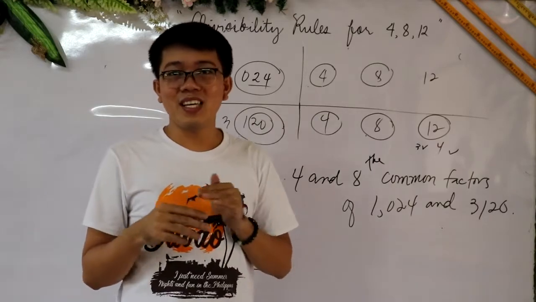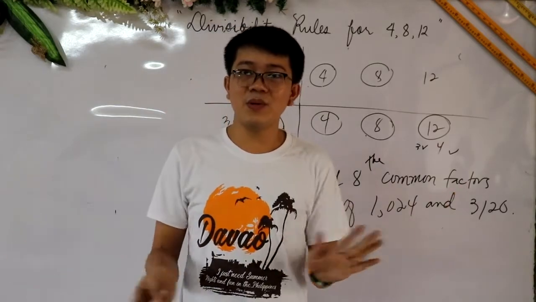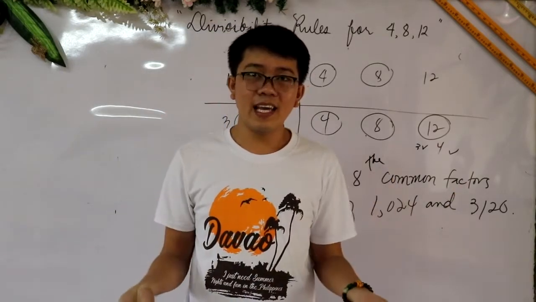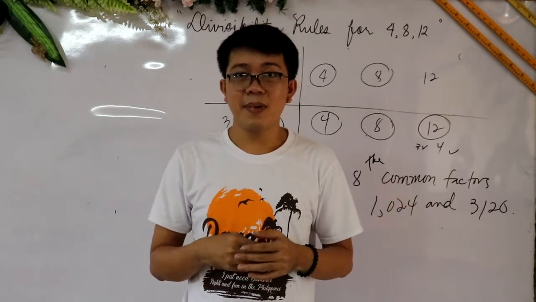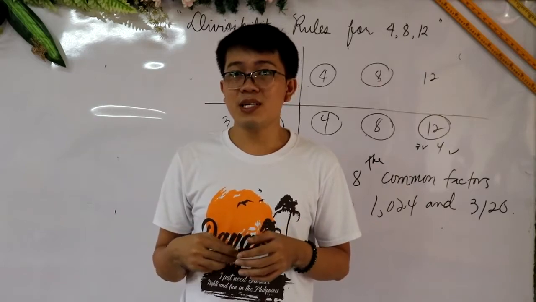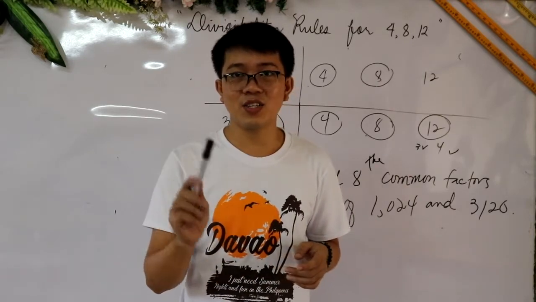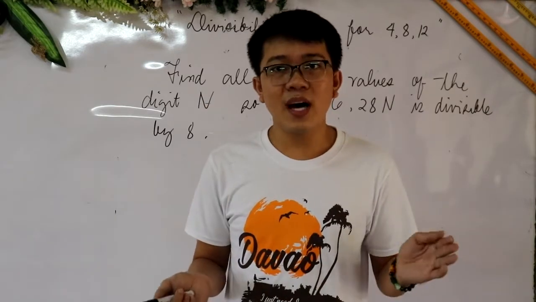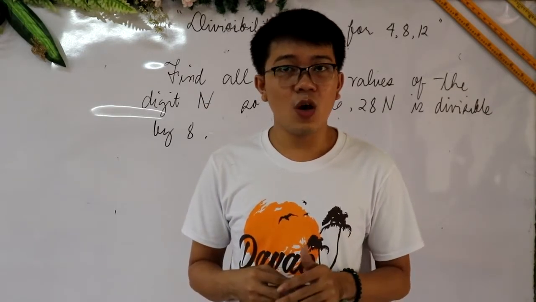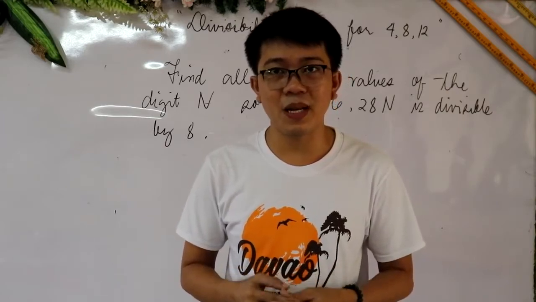Now, we're done already discussing all the divisibility rules for 4, 8 and 12. So that ends our lesson for today. But before I leave you, let me first give you this question. And this question will be answered in the next video. So I want you to drop all your answers in the comment section below, okay?